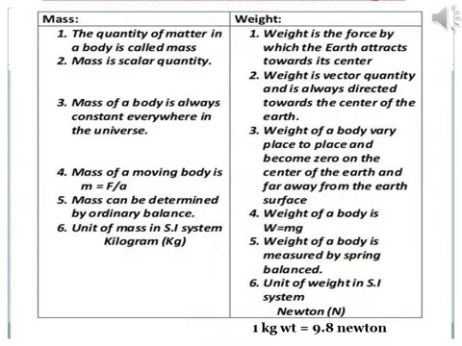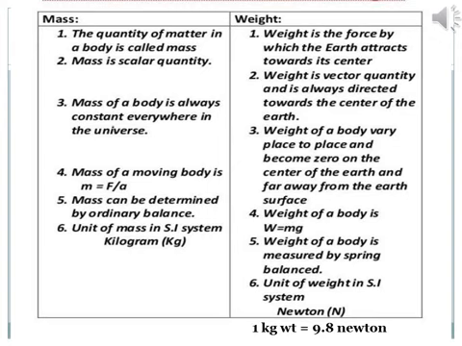By recollecting all these points I told, you are now able to distinguish between mass and weight. First point is, mass is the quantity of matter in a body, but weight is the force by which the earth attracts it towards its center. Second point is, mass is a scalar quantity, but weight is a vector quantity and is always directed towards the center of the earth.